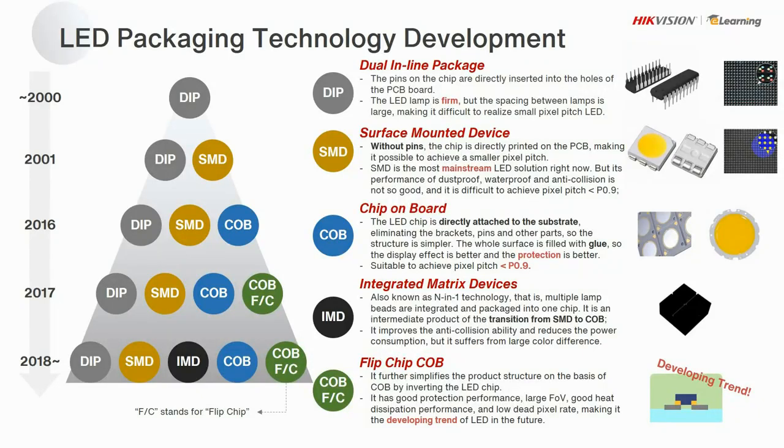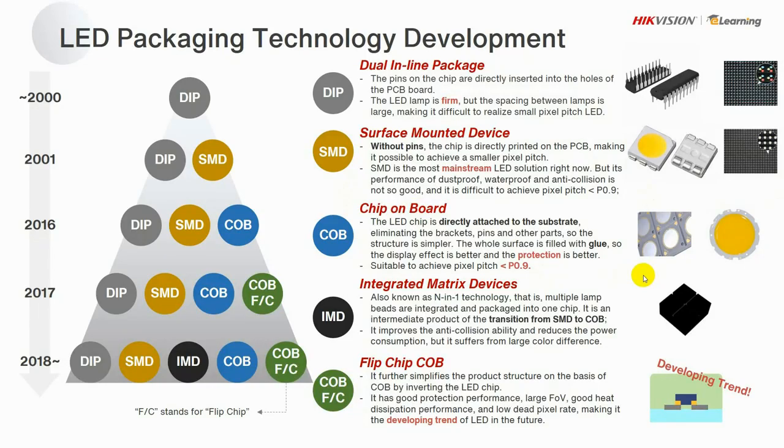Now, for IMD, which means we put multiple LED lamps into one LED chip. Not like SMD, there are N lamps in one chip. It is an intermediate product of the transition from SMD to COB. Then we have COB. The structure is simpler.